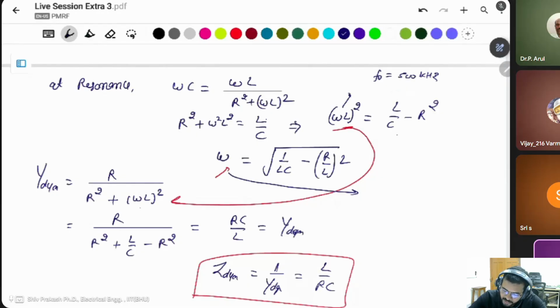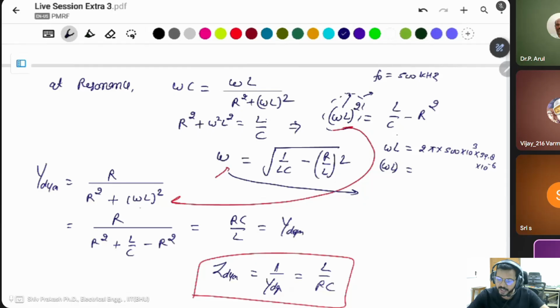Can you find omega L? How can you find it? 2 pi into 500 into 10 to the power of 3 into 39.8 into 10 to the power of minus 6.